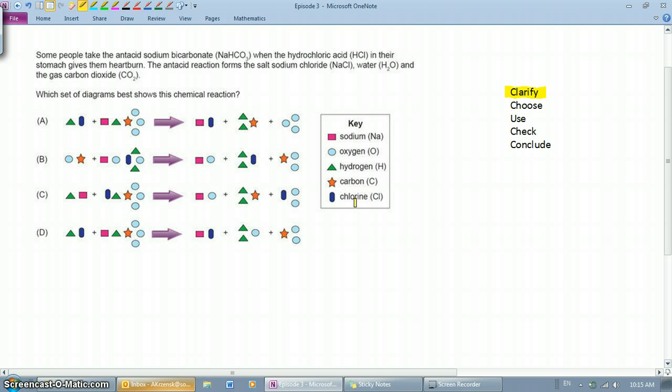Okay, so the first thing we have to do is establish that we're doing sodium bicarbonate plus HCl, or hydrogen chloride. Some people take the antacid when the hydrochloric acid in their stomach gives them heartburn. So sodium bicarbonate plus hydrochloric acid forms, so let's use that word to help us come up with an equals.